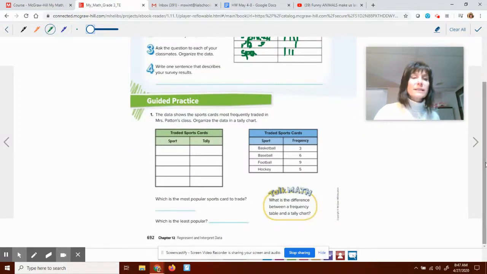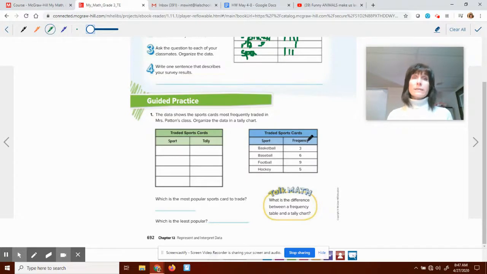Under guided practice, we have this. The data shows the sports cards most frequently traded in Mrs. Patton's class. Organize the data in a tally chart. All right, let's go ahead. We've got the traded sports cards as my title, and it shows the different sports: basketball, baseball, football, hockey.